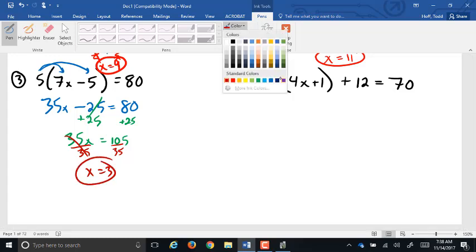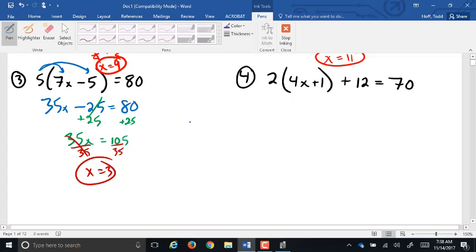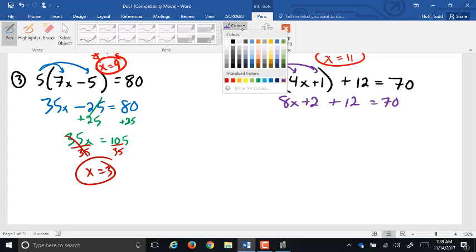How about the next one over here? Here we would distribute the 2 or multiply the 2. 2 times 4x is 8x. 2 times 1. We still have the positive 12 there. Now what do we have to do?